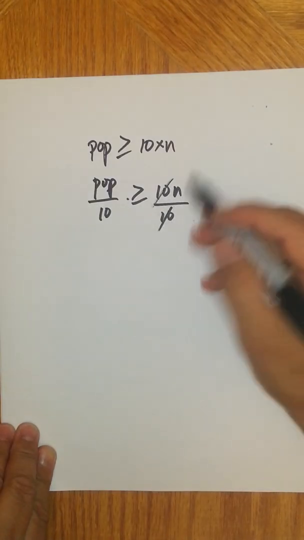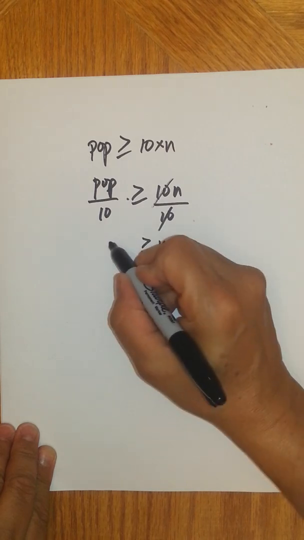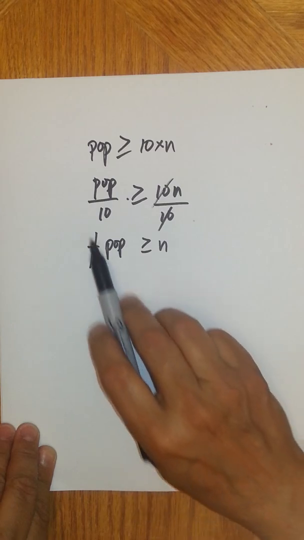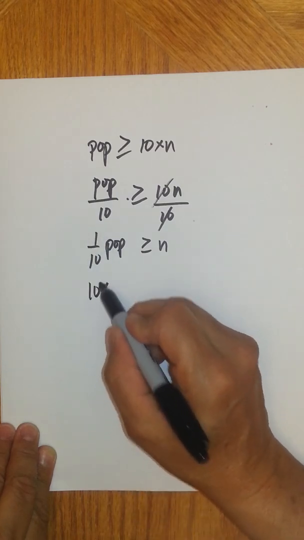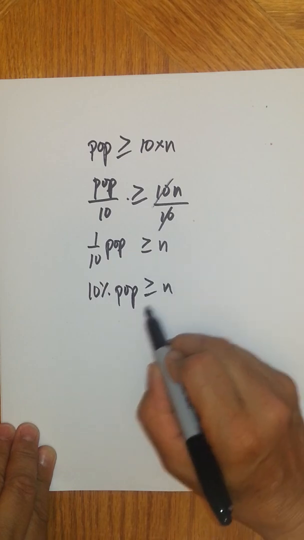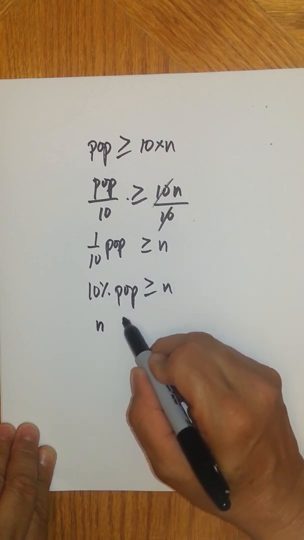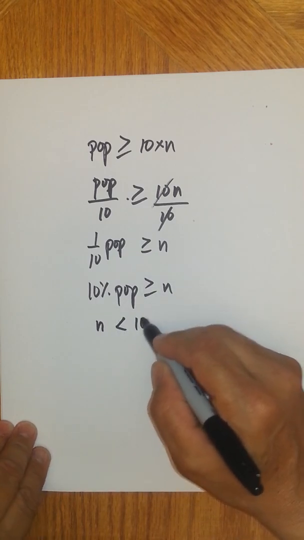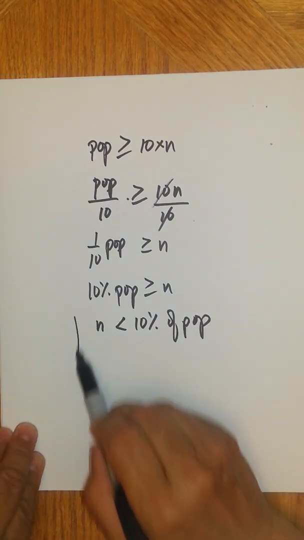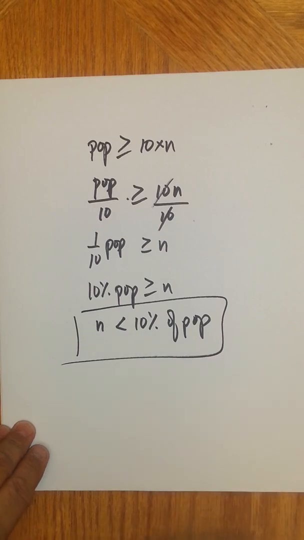Now these cancel out, and I have n is less than 1/10 of the population. But 1/10 is the same thing as 10% of the population. All right. So usually they'll say n is less than 10% of the population. That's usually how you'll see it, and that's why they call it the 10% rule.